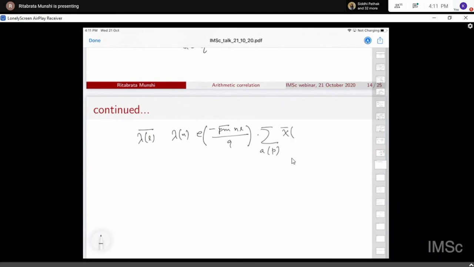We have a chi bar of M minus A L, and then a E of minus A Q bar N by P. It's easy to show that this is bounded by square root of P. But in the next step we have to do something more than just square root of P. Outside I have a sum over L, a sum over N, a sum over M, and a sum over Q.